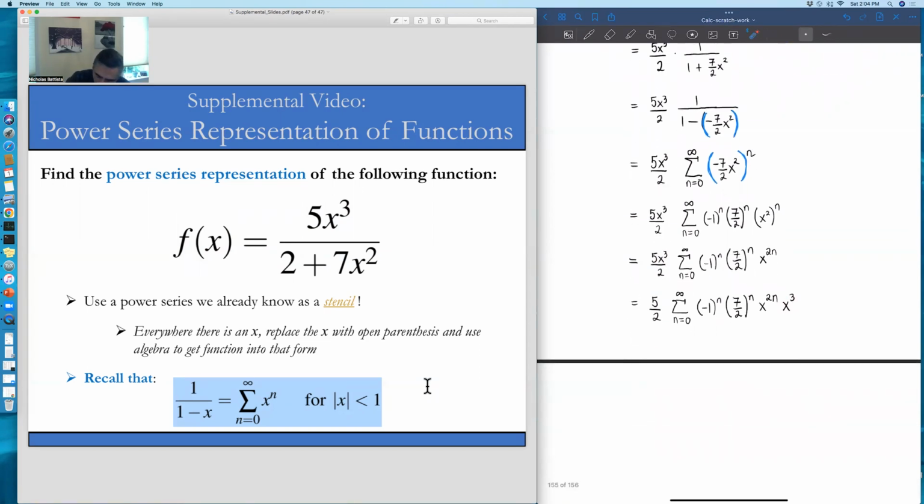And now since the last terms, x to the 2n and x cubed, have the same base, x, we can add their powers together. So we could rewrite this sum as 5 over 2 times the sum n equals 0 to infinity of minus 1 to the n, 7 over 2 raised to the power of n, times x to the 2n plus 3. And that is a power series representation of the function that we were given at the start.